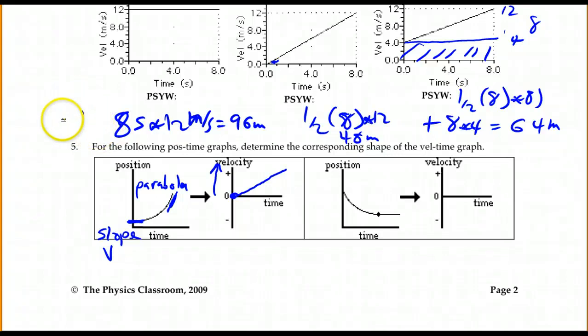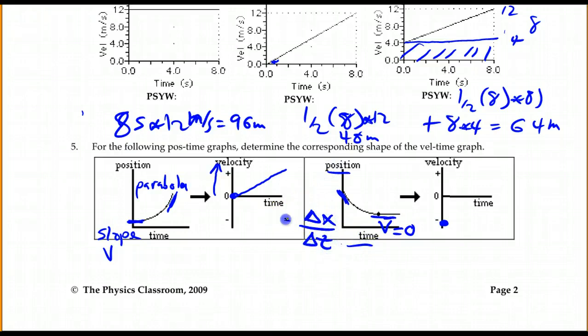And now the next one, it's kind of the reverse. We're starting with a pretty steep slope and that slope is negative. So that means I'm going to need to start down here somewhere. Now I'm going to undergo acceleration for a while until I get to this point where I'm going to be at a flat slope, and the slope of position versus time is delta x over delta t. That's our velocity. So that means we're going to be stopped when I reach that point. It doesn't look like we're stopping our measurements, so for a little while we're going to be at 0 velocity.